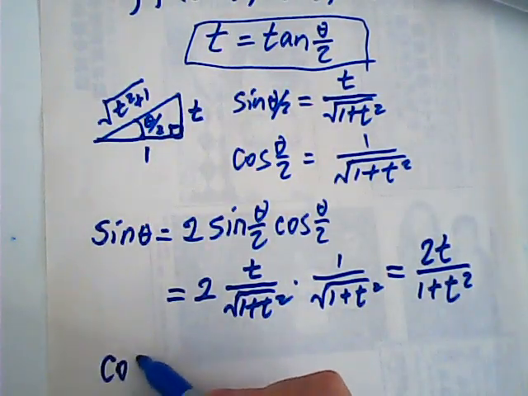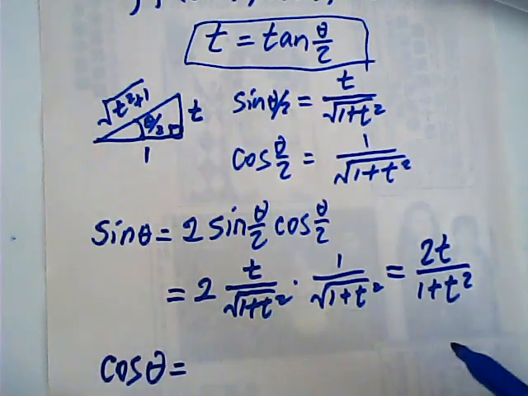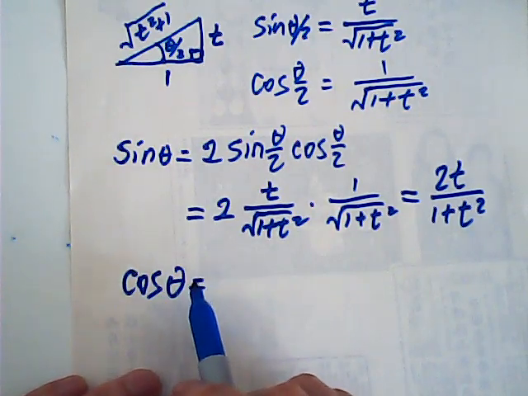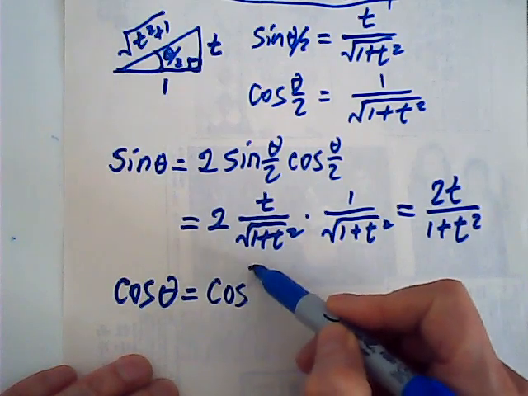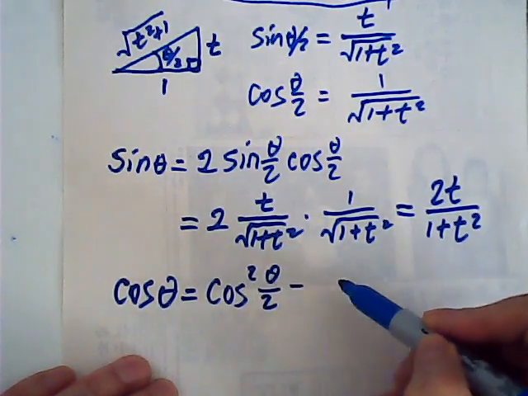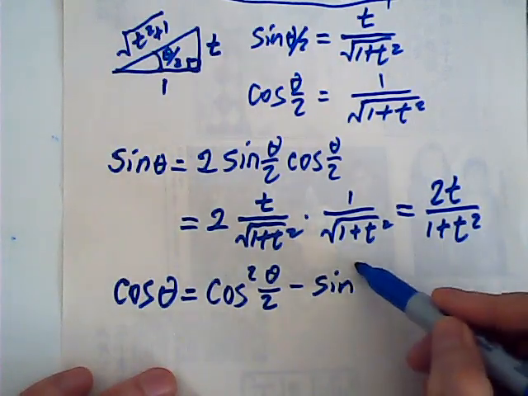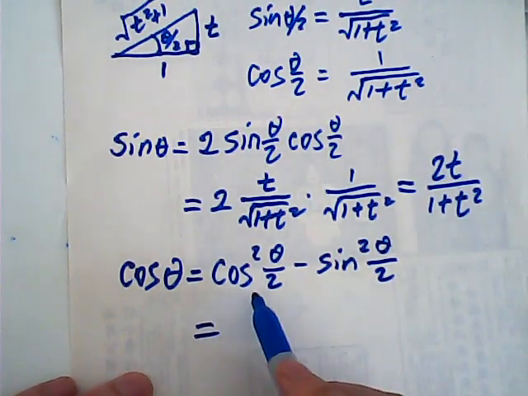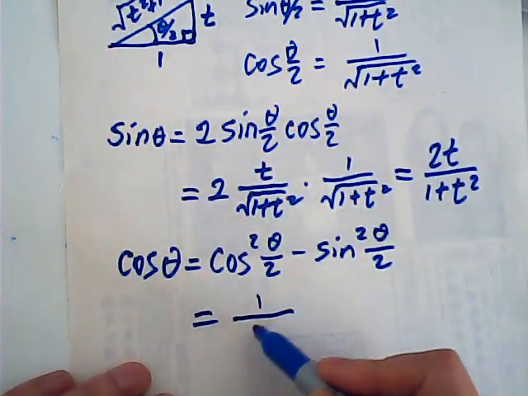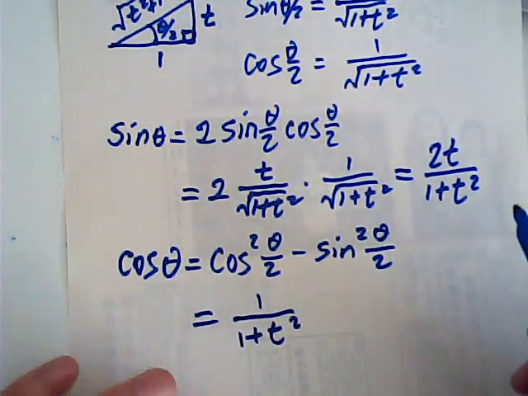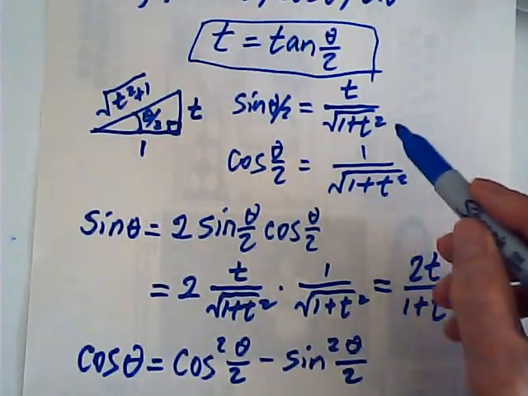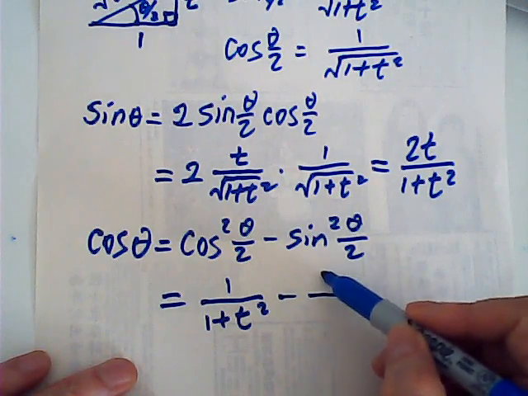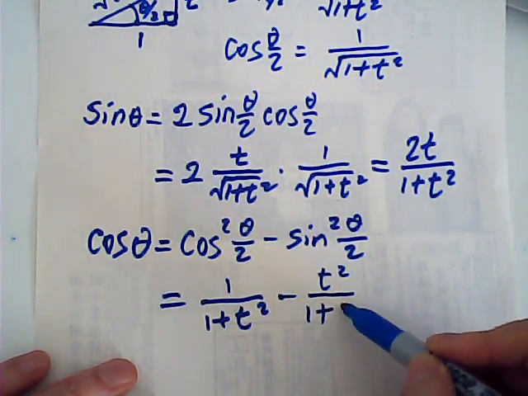And the cosine theta is equal to cosine of 2 times half theta, right? So this is equal to cosine squared half theta minus sine squared half theta. Okay, this is equal to 1 over 1 plus t squared, minus t squared over 1 plus t squared.